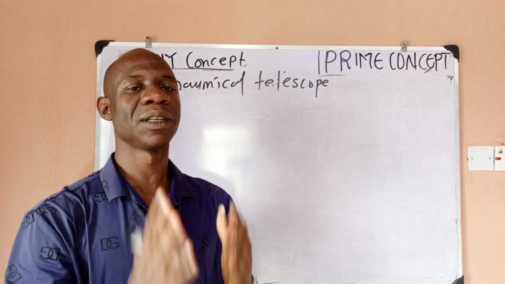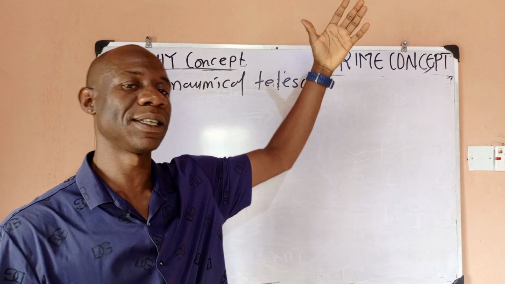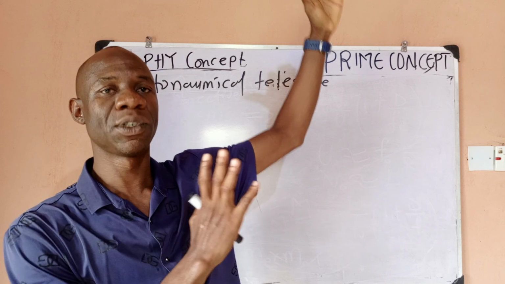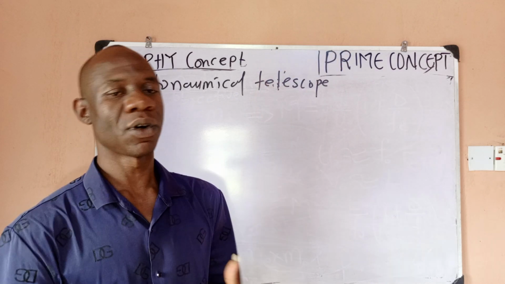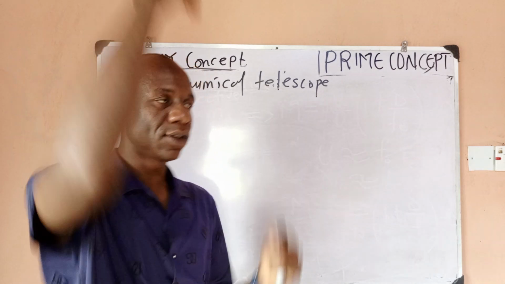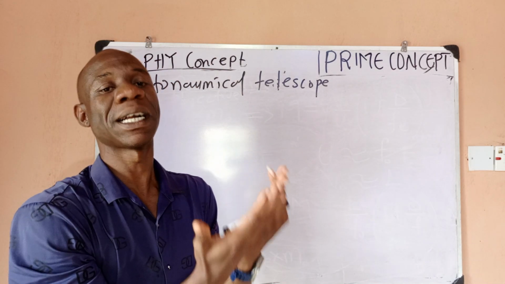When we mention heavenly bodies, we're talking about the stars, the moons, and other planets. You know how far these bodies are from us on the earth. You can use a telescope to see the moon, and it will give you a high level of magnification.